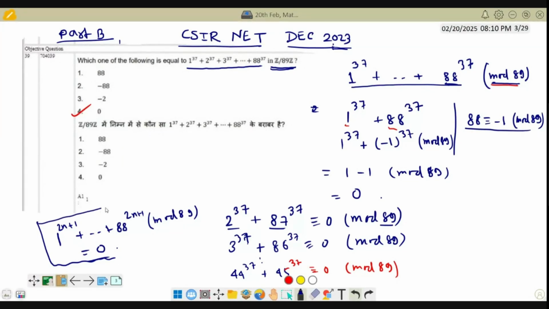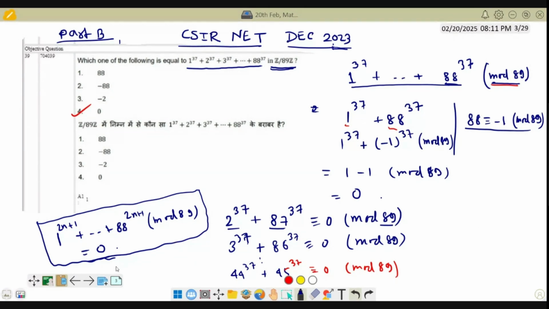Any other way to generalize this problem? Instead of 89, if we have any integer m, then the summation is from 1 to m minus 1, again it will be considered. Good.